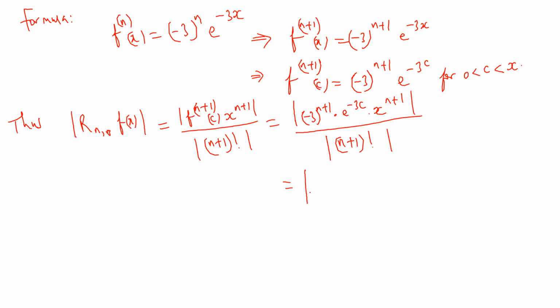And then you have e to the power minus 3c. My point is this can be written as minus 3x to the n plus 1 over n plus 1 factorial, like this. Then you multiply it by e to the minus 3c, like that.